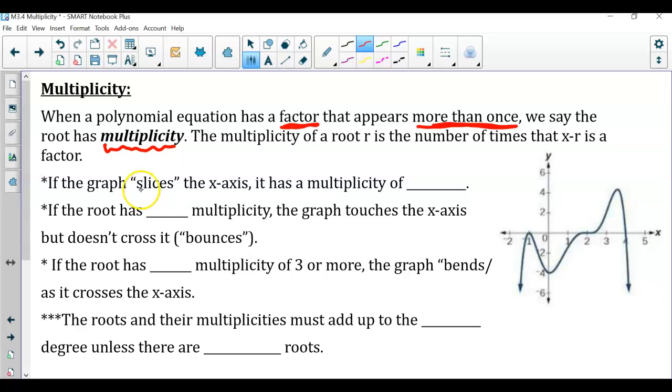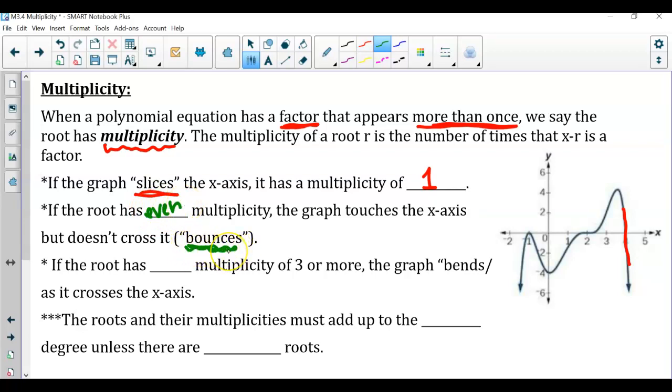If the graph slices, like here, for example, at 4, notice how the graph goes shoop and slices right through it at 4. That's when you have a multiplicity of just 1. It's just cutting right through at that zero at 4, meaning it has a multiplicity of 1. If the multiplicity is even, then it's going to bounce.